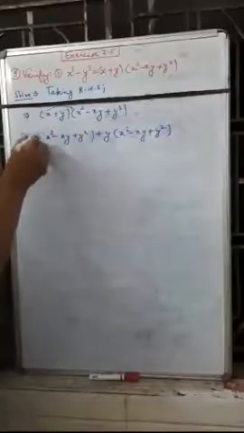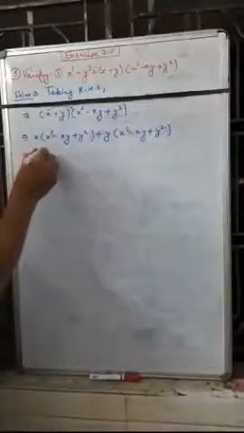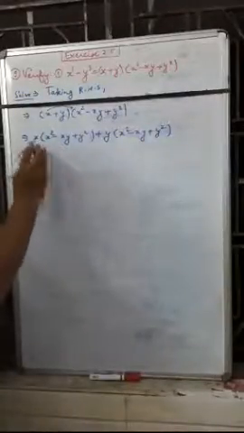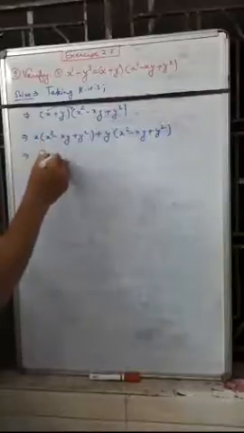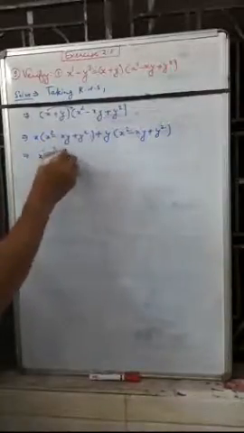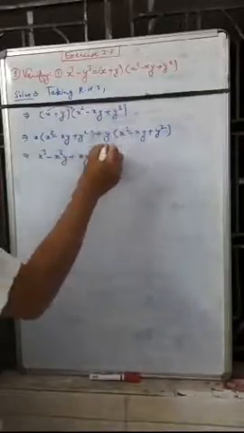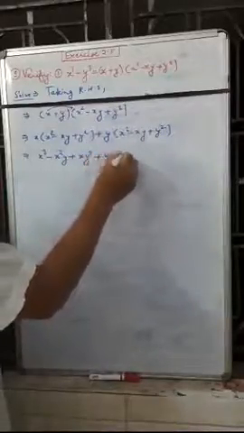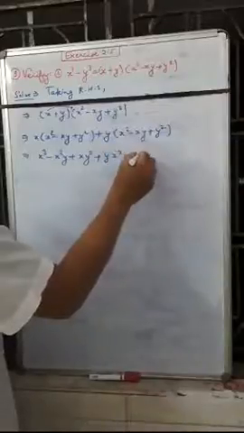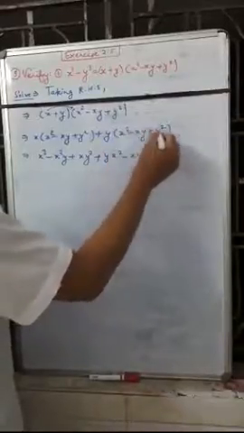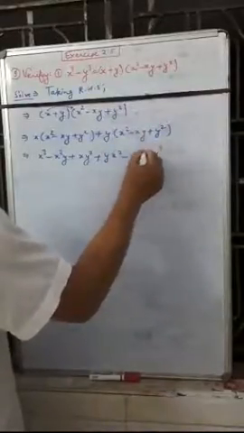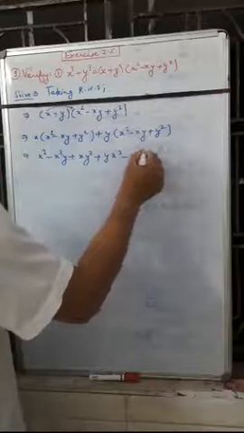Now do the product: x into x square, x cube, minus x into xy, x square y, plus x y square, and y into x square, minus y into xy, xy square, plus y into y square is equal to y cube.